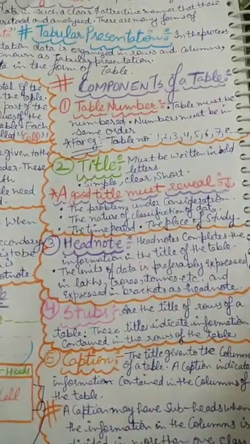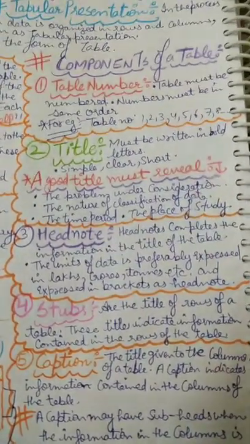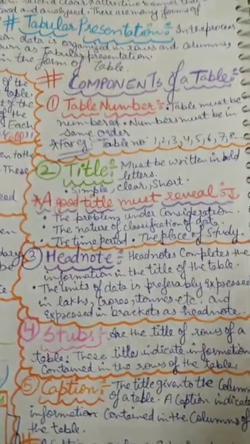Above that income I will write 1000. That is known as head note. When the title of the table is not giving you complete information, then we use a head note.